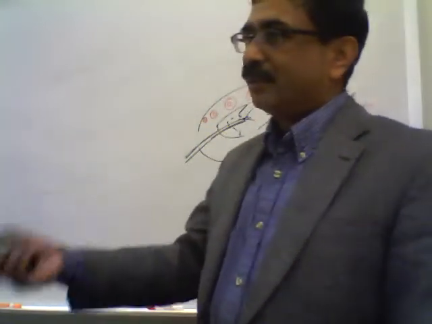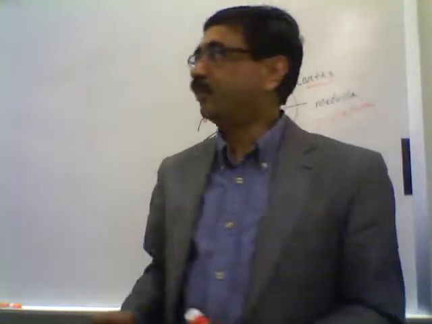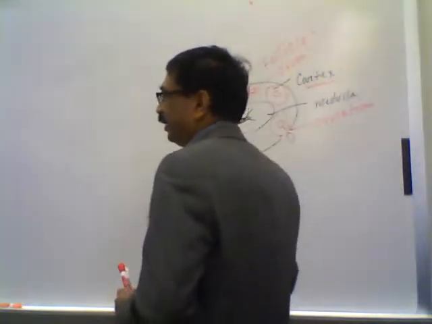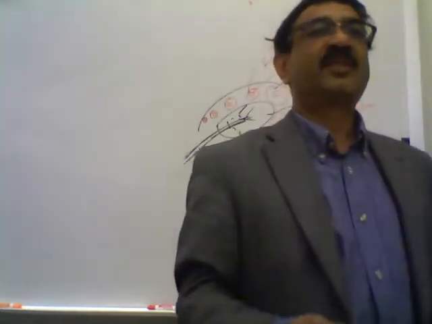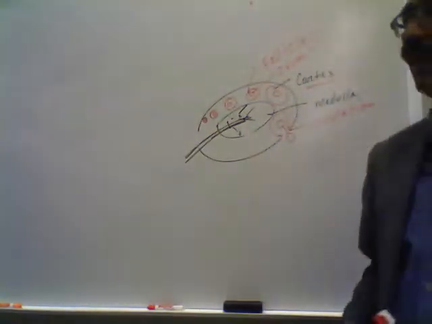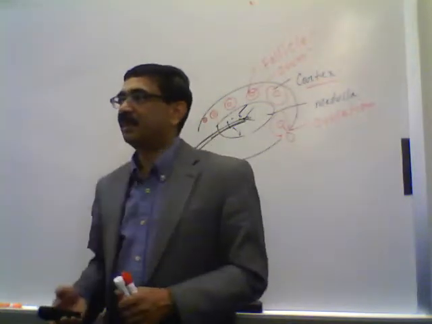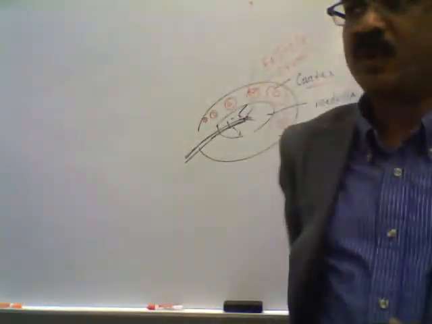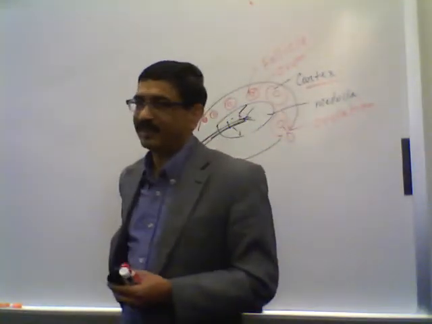Then the primordial follicle becomes the primary follicle, and primary follicle becomes the secondary, and then secondary becomes the late secondary follicles, and the most mature stage is called the Graafian follicle. So the most mature follicles are the Graafian follicles.